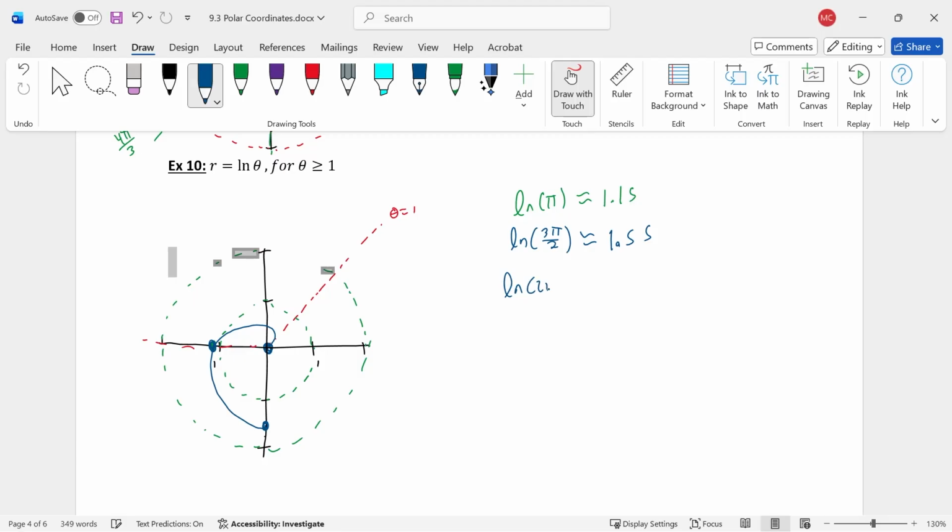About ln of 2 pi, that's about 1.84, which is closer to here. And how about we just jump straight to ln of 3 pi, and that gives us enough to get the idea here. It's about 2.24.